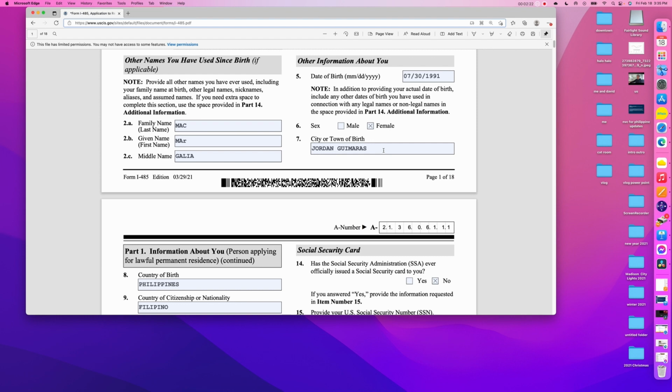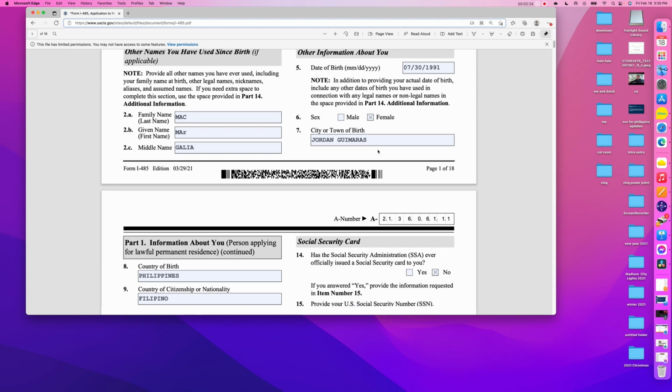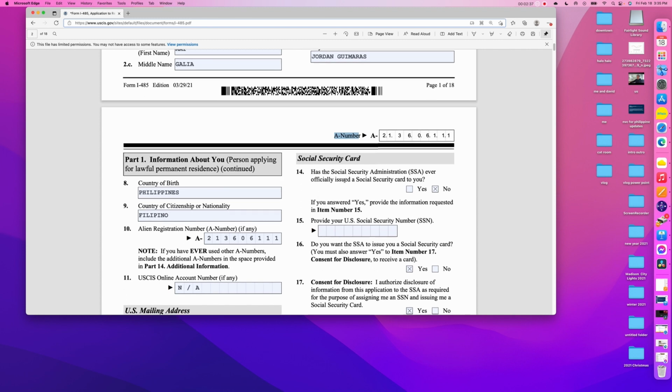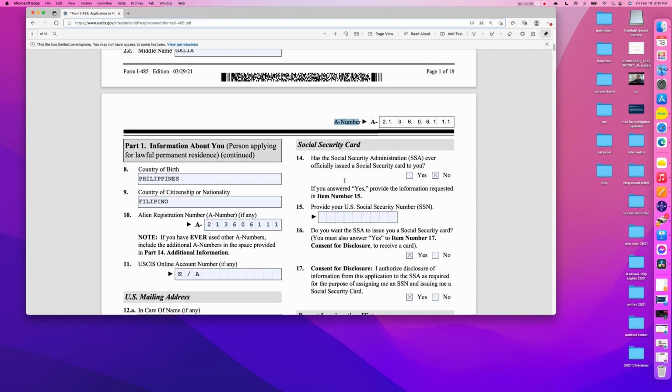I lived in the Philippines before, so this is my hometown. All right, so your A number again. If you're having a hard time typing your A number in this part, guys, you can just do it later using a pen, but make sure it is a black pen and write very clear.